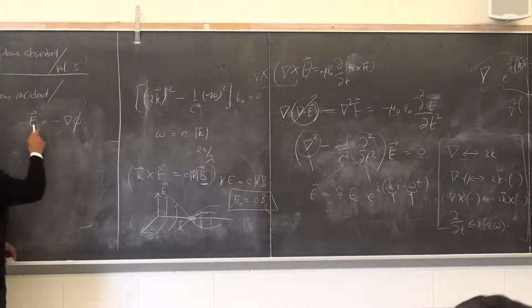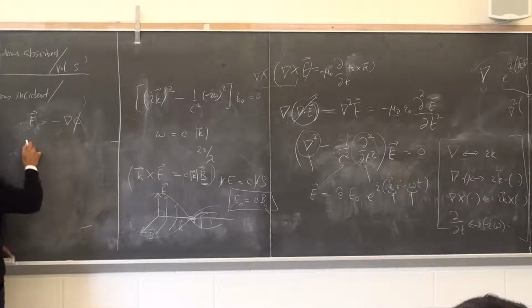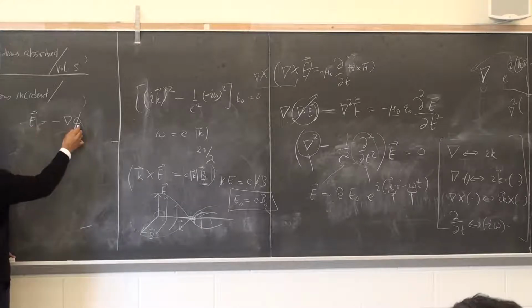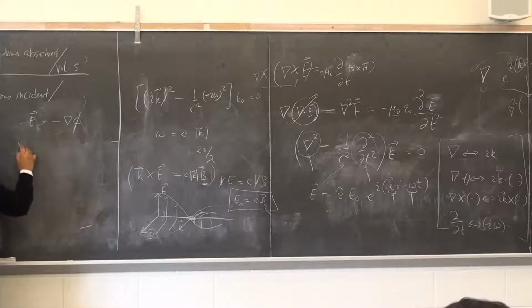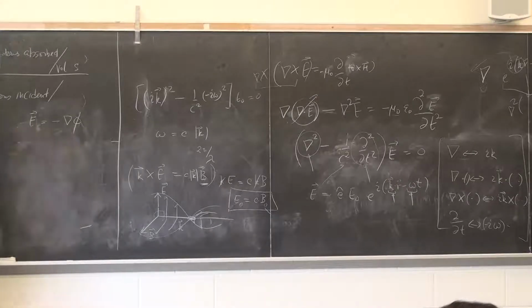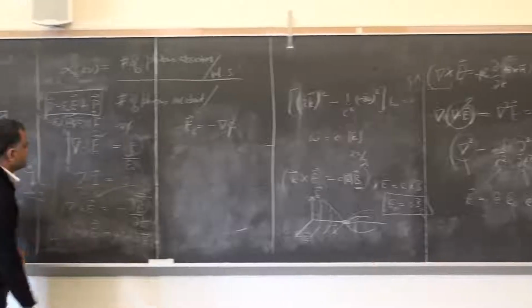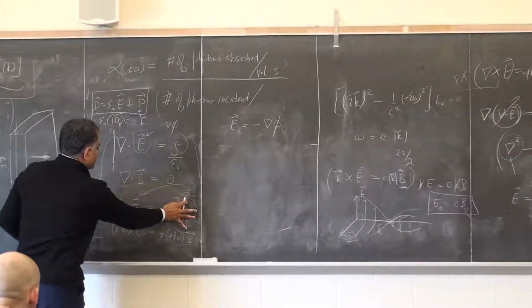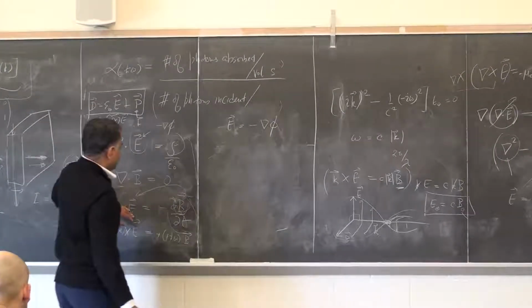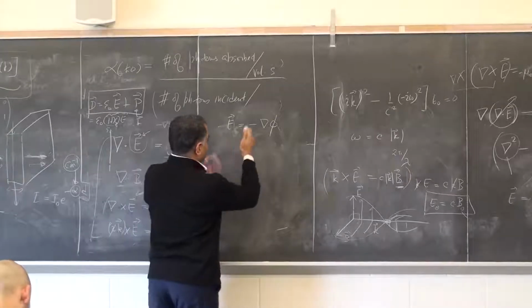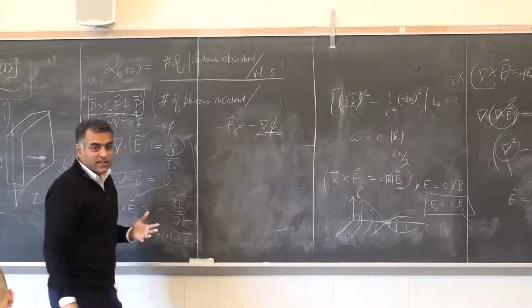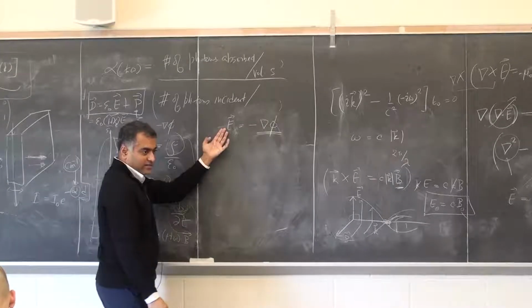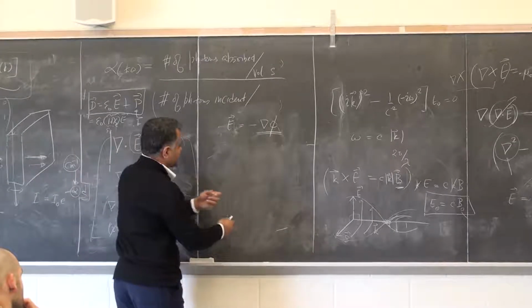And this is possible because I have the curl of E equal to this, something non-zero, but I can turn off this part and I can get a curl of electric field that's 0. This is what's called a gauge field. I don't want to get into that part right now. Essentially, you can define a scalar field whose gradient will be the electric field. It's called conservative forces and all that.